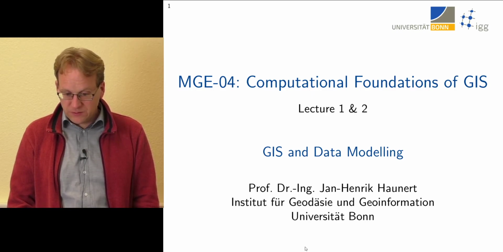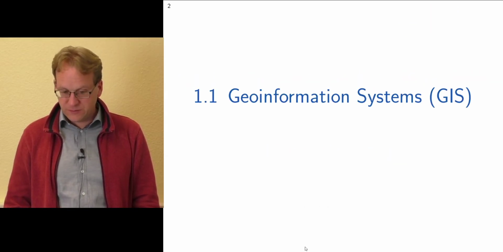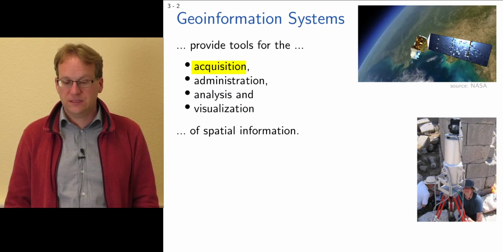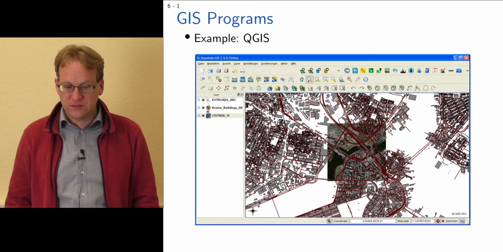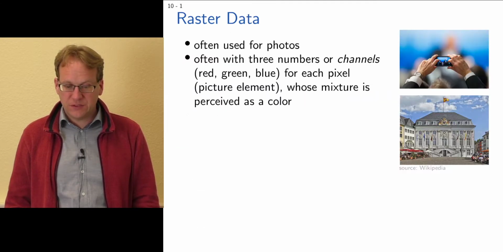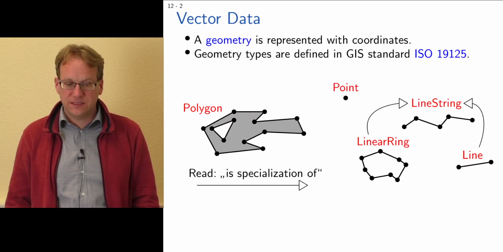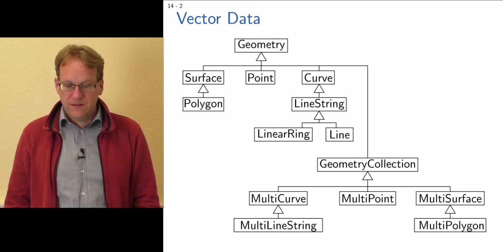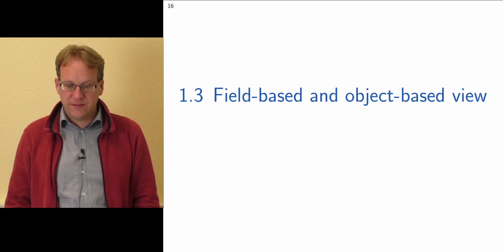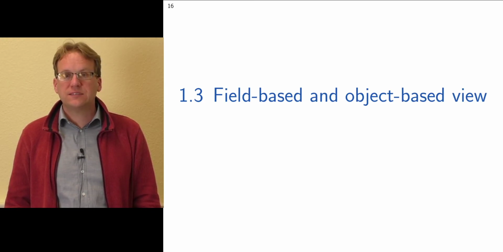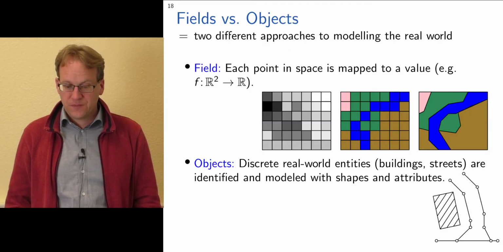Let me go quickly over the slides of last week. So we were discussing basics of geoinformation systems and GIS programs. Then we discussed raster and vector formats, the different geometry types that are there in use. We discussed also the difference between a field-based and object-based view of our world.